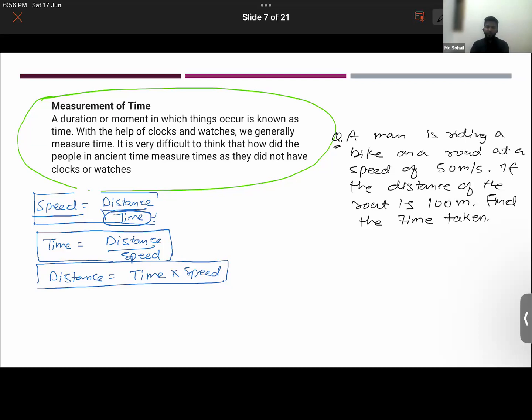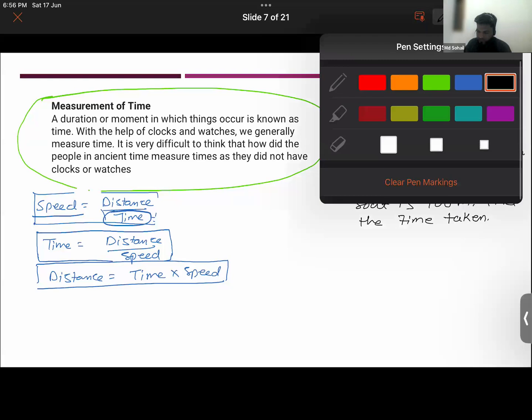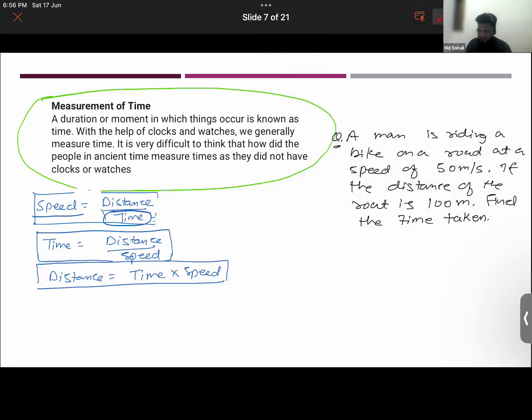Yes, Mafaz. Which formula do we have to use in this one? Time is equal to distance upon speed. Exactly. The answer should be in seconds, not minutes.